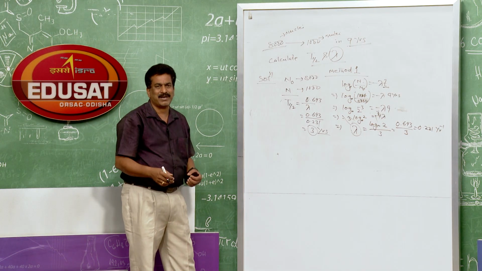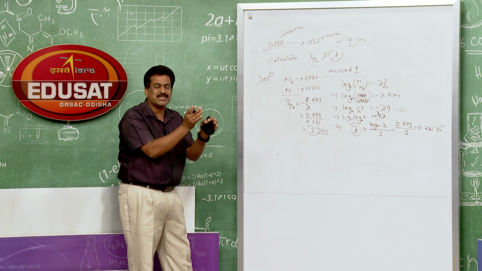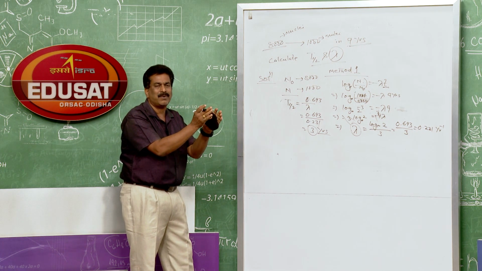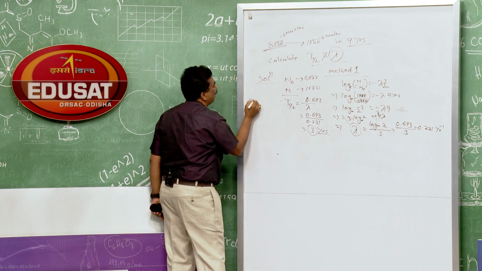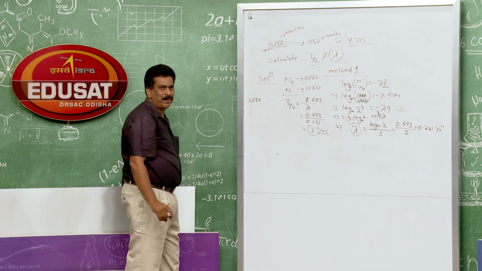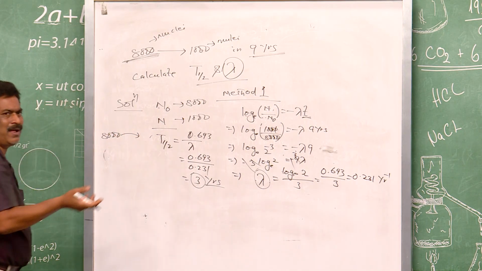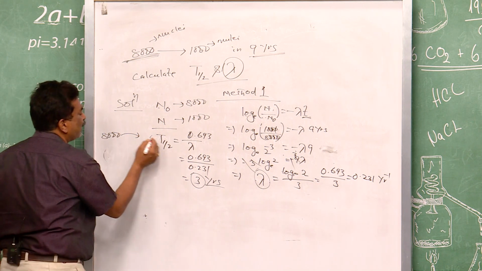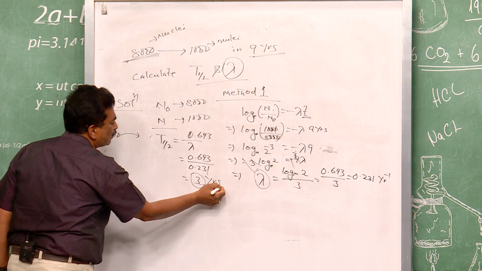So what is half life? The time required to reduce the originally present number of nuclei, which was 8000, to half. That will take one half life, which is 3 years.